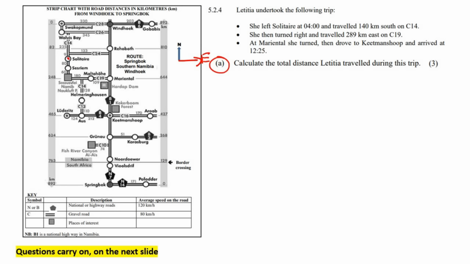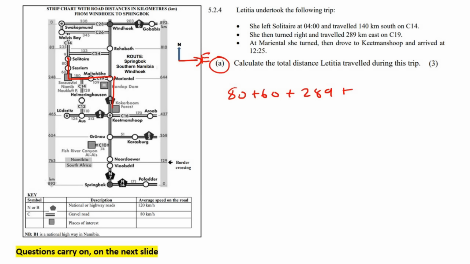Okay, so she starts at Solitaire and goes down to here. So that's 80 plus 60. Okay, so that's 80 plus 60. Then she said she drove 289 kilometers, which is the 180 over here plus 109 over there. That also gives you 289. And then she drove on this road over here.